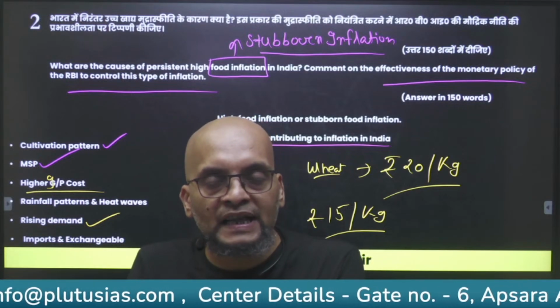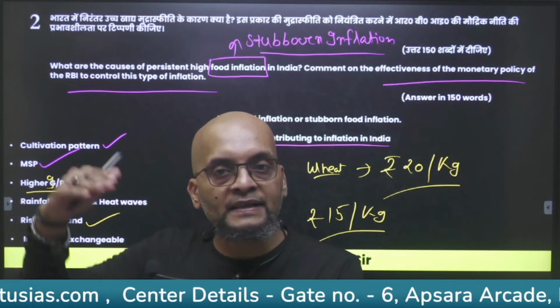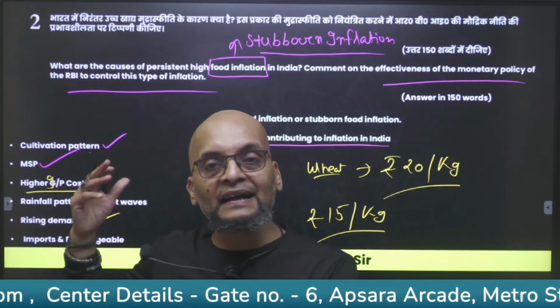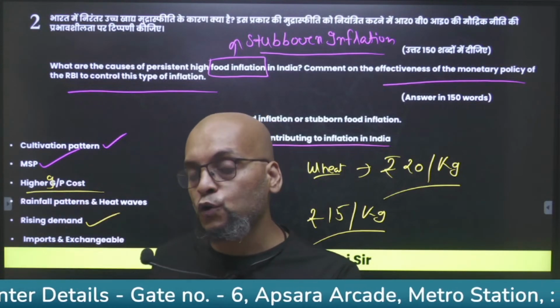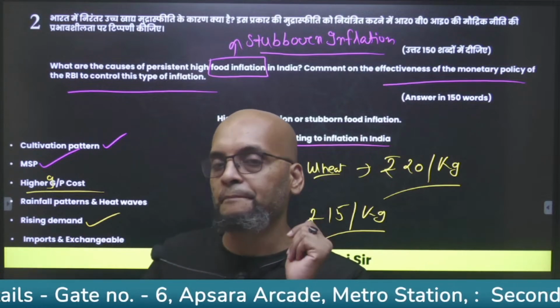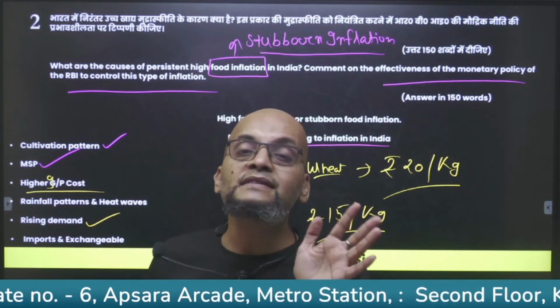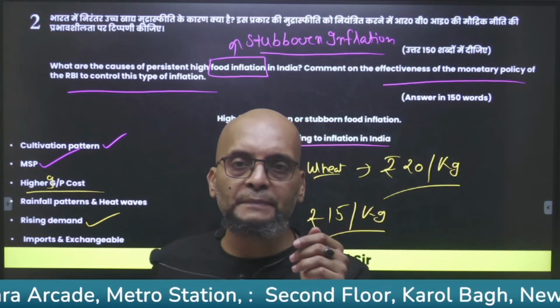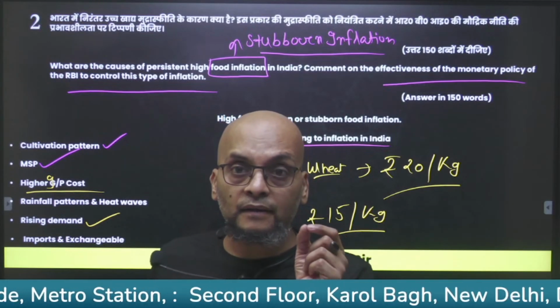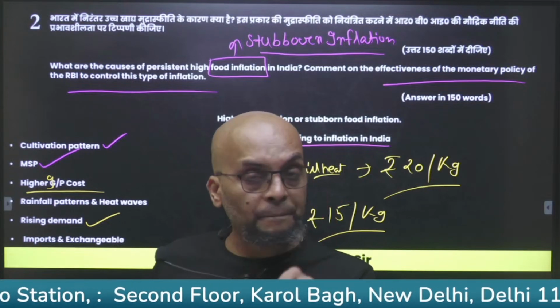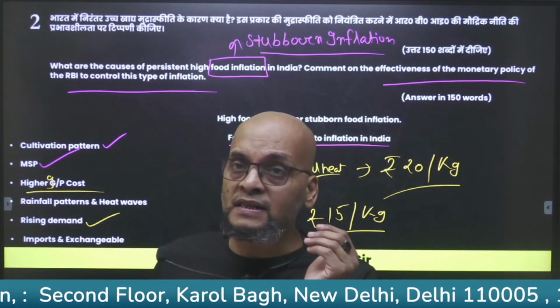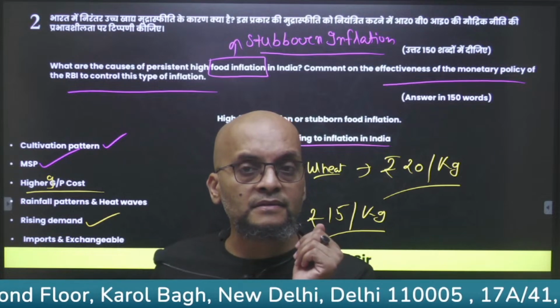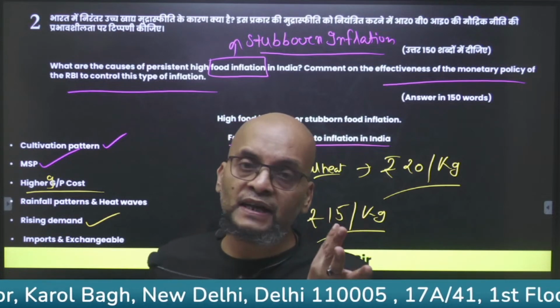The mouths that require the crop are increasing, but the arable land where crop is grown is the same, and in some cases it is even contracting, due to climate change and all. But demand is high, supply is the same, or somewhere it is becoming less. What will it lead to? It will again lead to price hike.